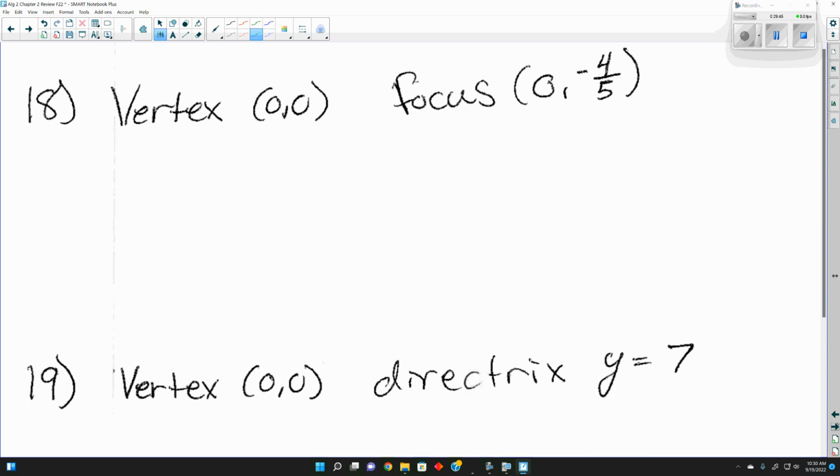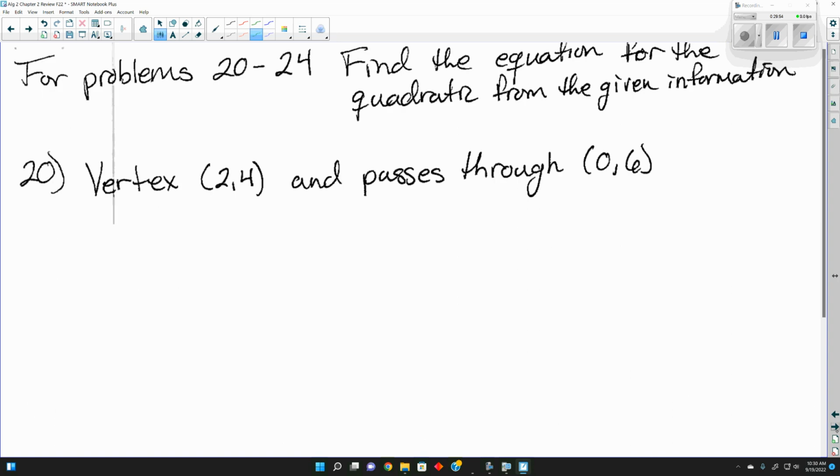Yeah, I just pick the correct form and then match up, where's p? What's the value of p? And plug it in. If there's no questions on those there, I believe it brings us to this here, 20 through 24.